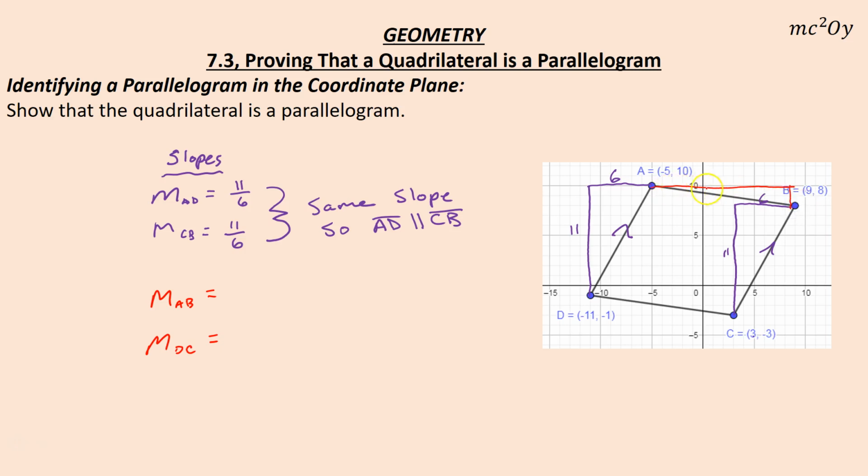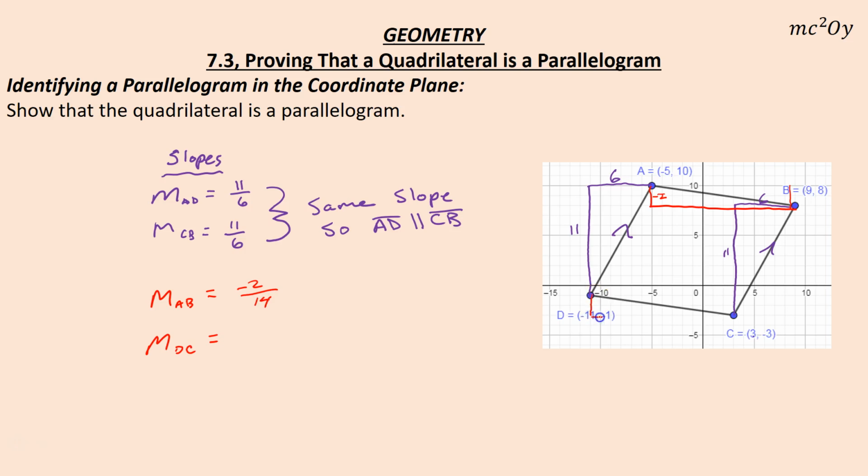For the slope of A to B, looks like we're going to go down this time. I'm going down and then over. I'm falling, so go down 2. That's my rise, and then I run. I go from -5 all the way to +9. That is 14. And then same thing here.